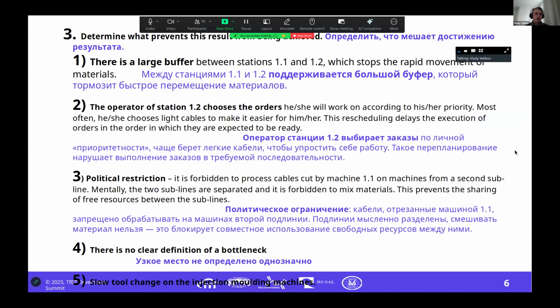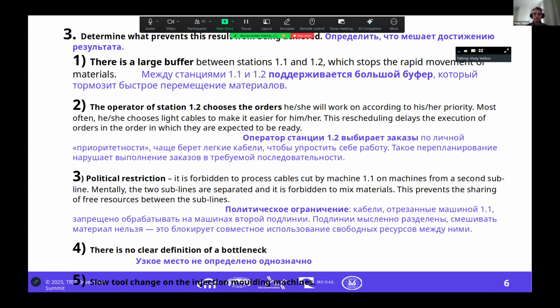And here I defined what prevents this result from being achieved. First is the buffer between station 1 and 2, which is very big, and it's stopping the good flow of materials. Second point is that the operator of station 2 chooses the orders.